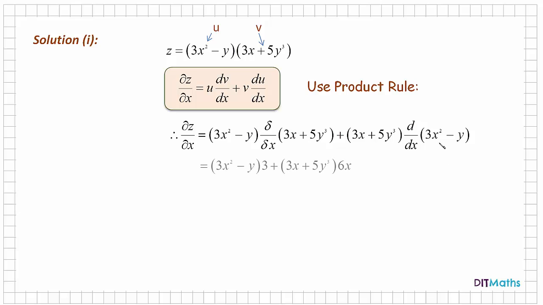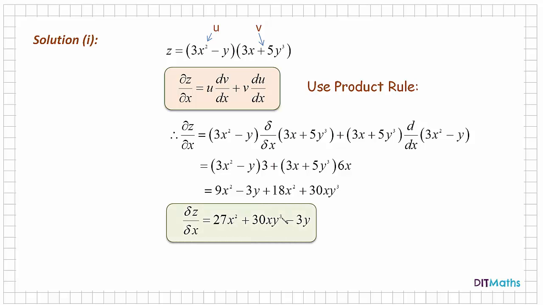And if we differentiate 3x squared minus y with respect to x, keeping y constant, we get 2 times 3, which is 6 times x. So if we multiply this out, we get the following. And if we add 9x squared and 18x squared, we get 27x squared. So dz dx is 27x squared plus 30xy cubed minus 3y.